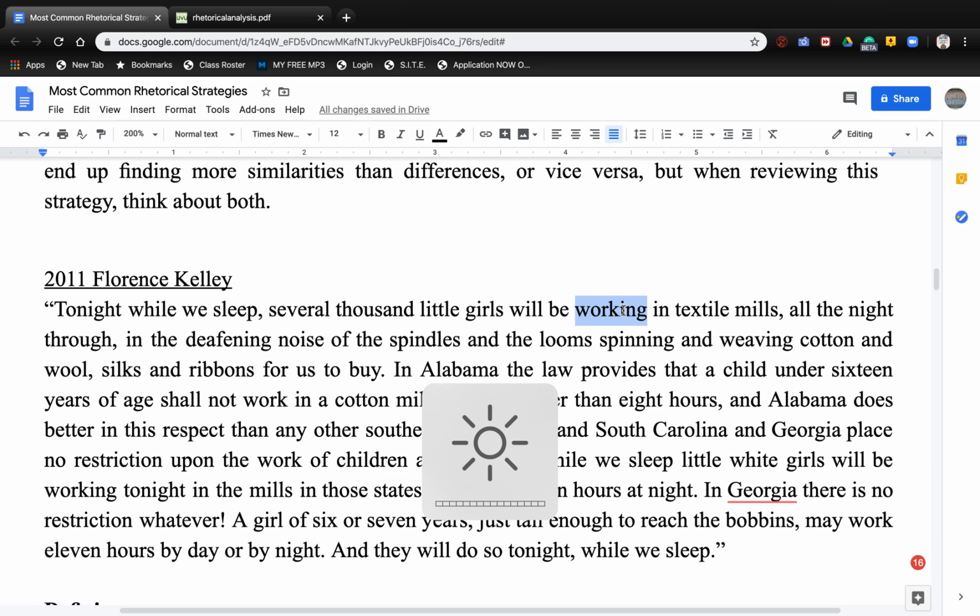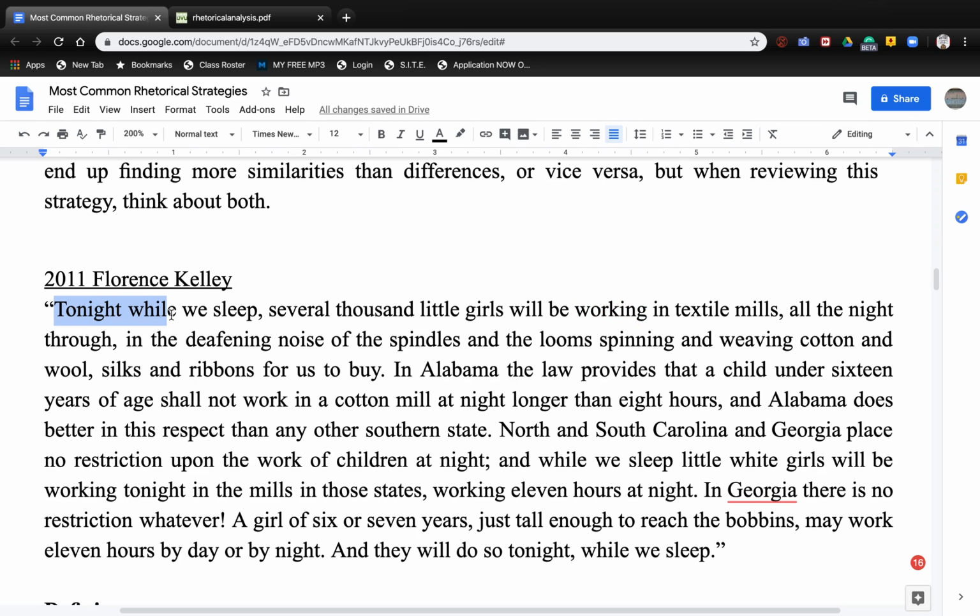Why does it work? Well, to look at this strategy as a whole, we would have to also look at its own devices. So yes, there is the repetition, right? And yes, this idea is paralleled all the way through. These things are true. But by repeating and by paralleling, the writer is appealing to the reader through pathos, right?